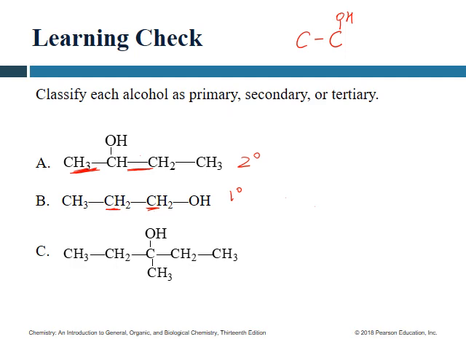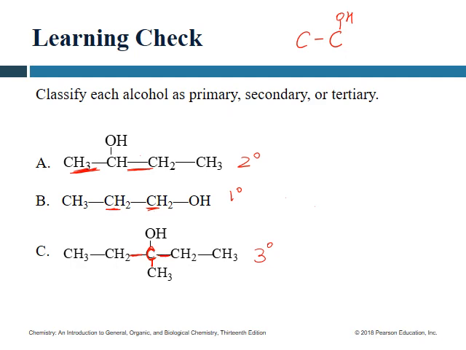Which carbon is the one which has hydroxy? This carbon right here. How many carbon-carbon bonds does it have? One carbon-carbon bond right here, a second right here, a third right here. So it has 3 carbon-carbon bonds, therefore this is tertiary alcohol.